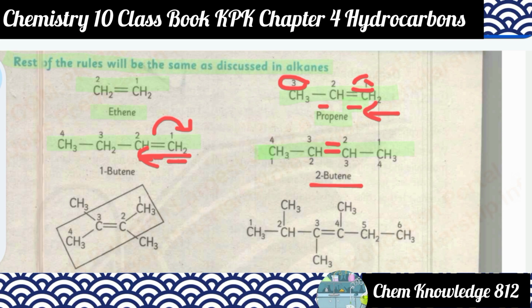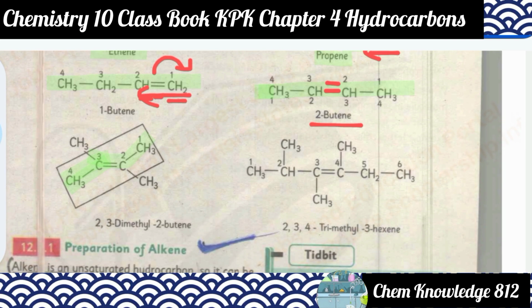So next one, you can say this is the chain of 1, 2, 3, and 4. We can say there are two methyl groups. One is attached at carbon number 2 position, and the second is attached at carbon number 3 position.